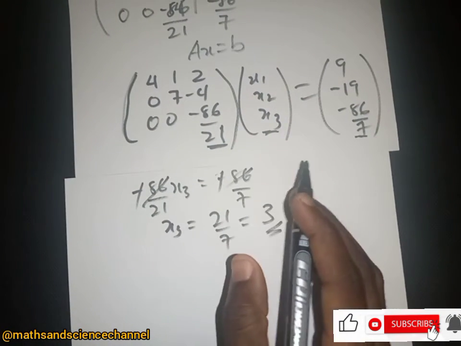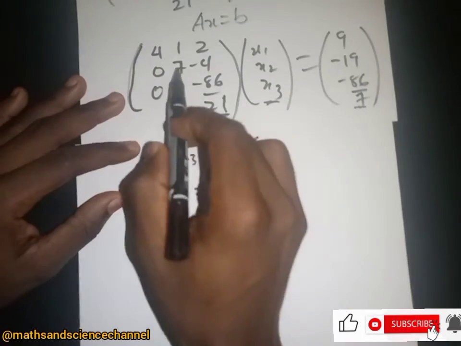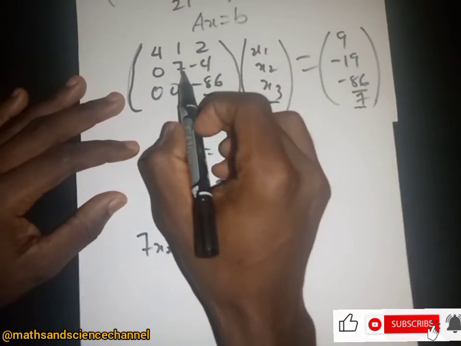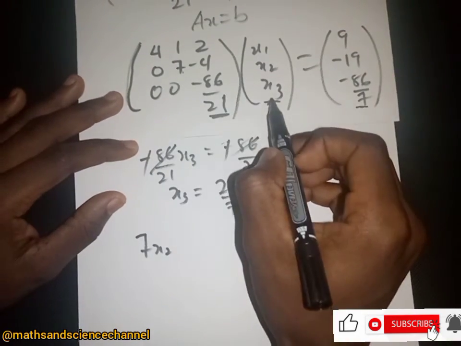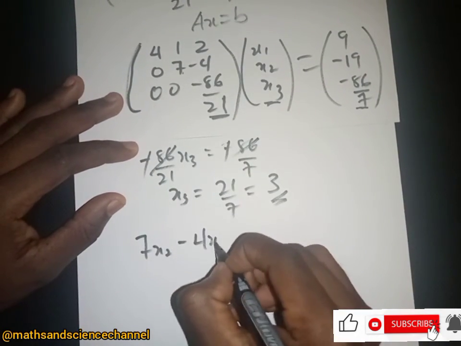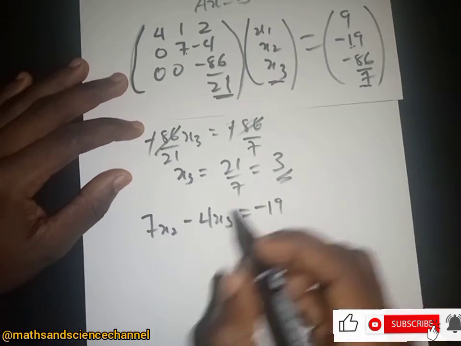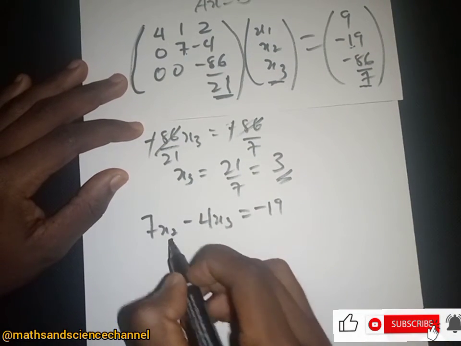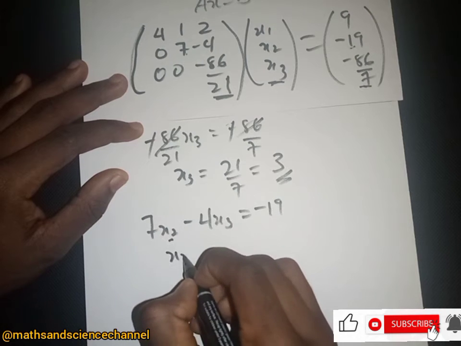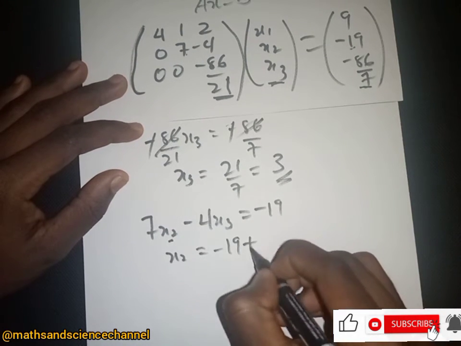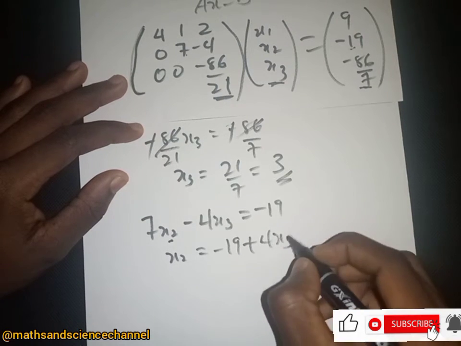Alright, so from here we take the second part. We have 7x2 -4x3, so -4x3 here, all equal to -19. So we are looking for x2. So we have x2 here will be equal to -19 here, this goes to the other side plus 4x3 here, right?